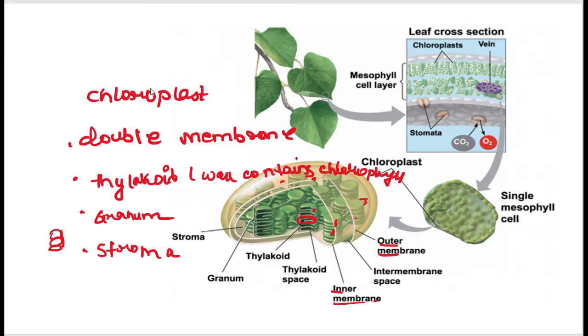So if we represent it in a simple way, we can say first is the leaf, then comes the chloroplast, and within this chloroplast is the chlorophyll present.